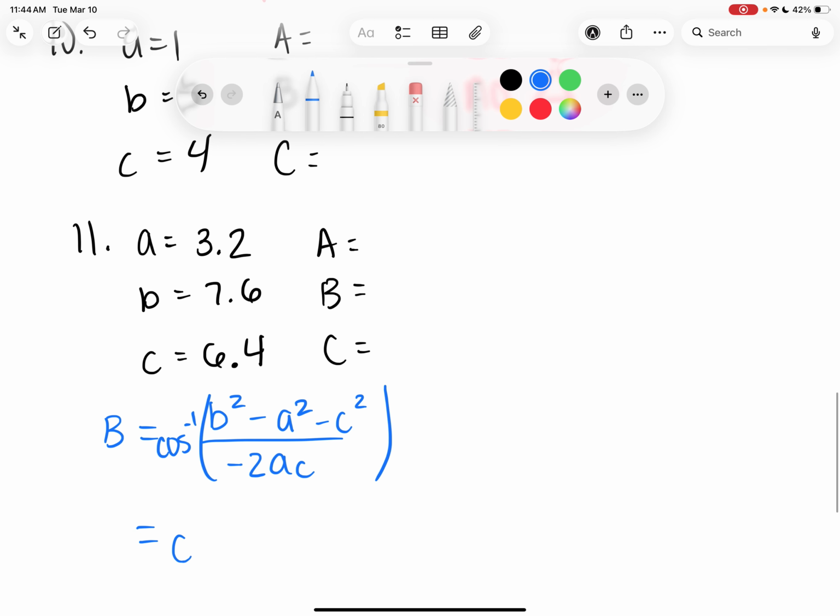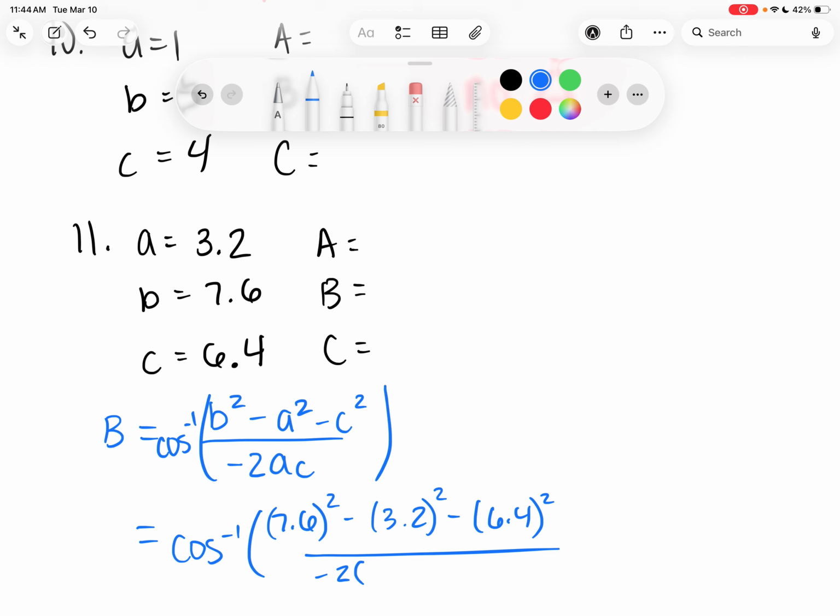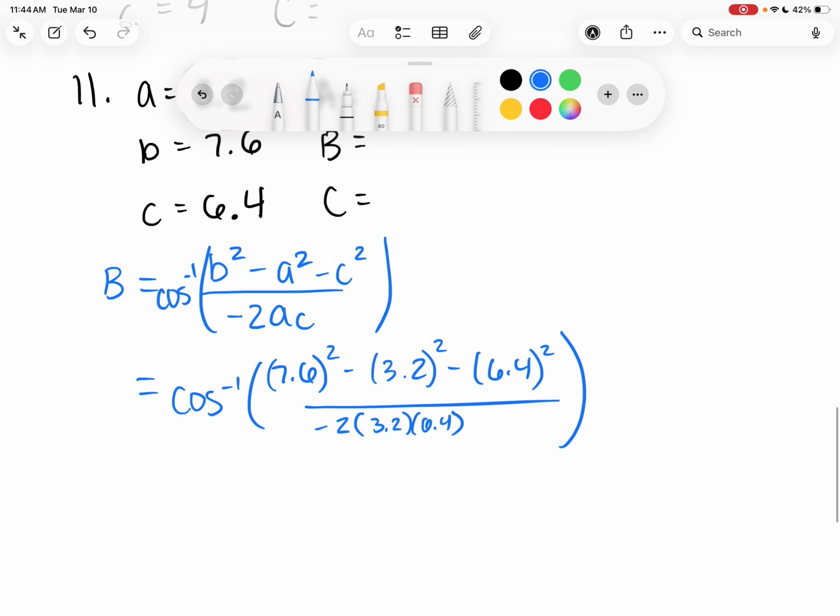So plug in inverse cosine of 7.6 squared minus 3.2 squared minus 6.4 squared all over negative 2 times 3.2 times 6.4. So B is 99 degrees.